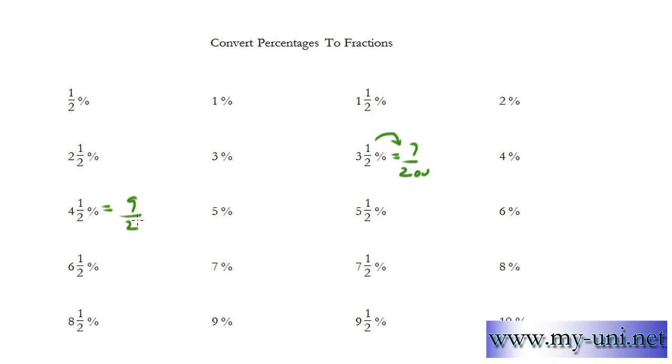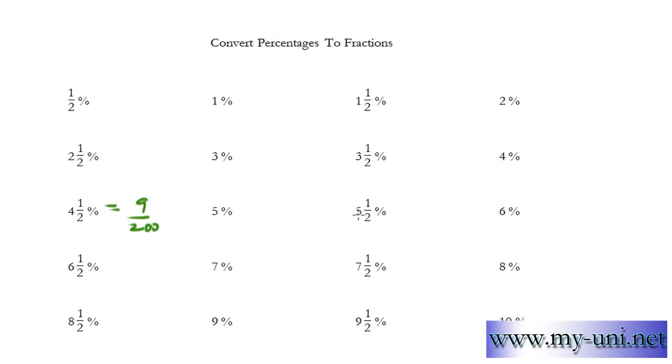Now you have an improper fraction of 4.5%. This is still in percentage, so you multiply it by 1 over 100. 9 times 1 is 9, and 2 times 100 is 200. So 4.5% can also be written as 9 over 200 as a proper fraction.